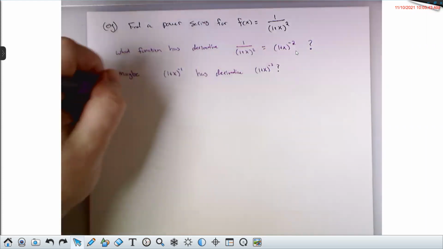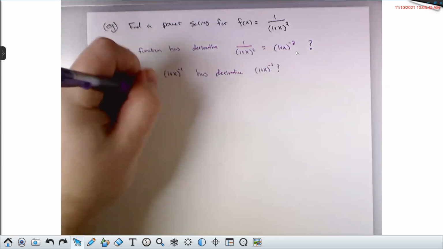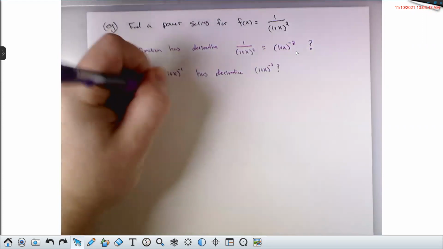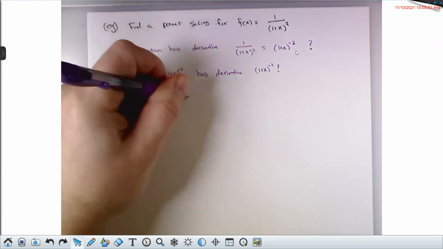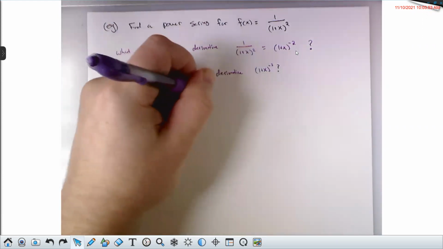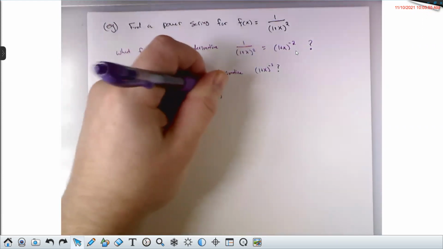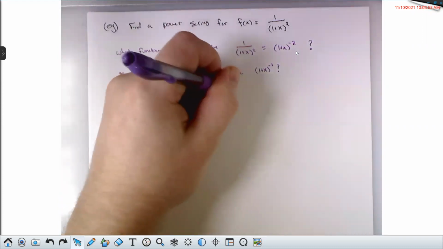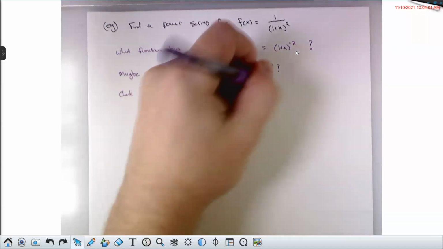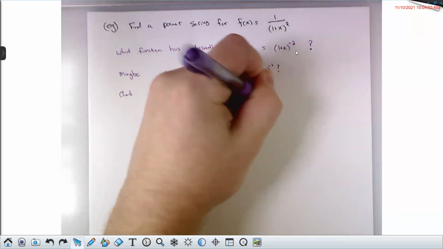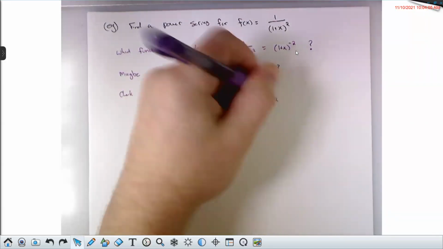So let's check. If you calculate d dx of 1 plus x to the negative 1, you get negative 1 times 1 plus x to the negative 2 times 1 by the chain rule, which is damn close to what I want. This is negative 1 over 1 plus x all squared.